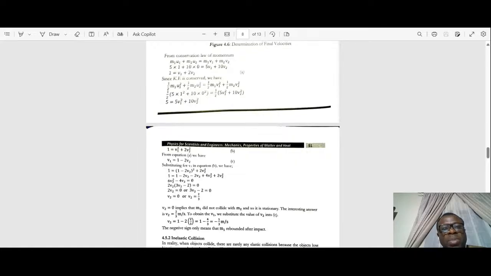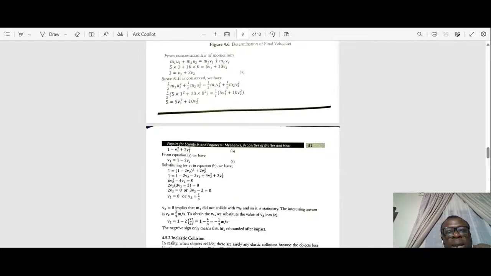So if you divide both sides of the equation by 5, that equation will be reduced to 5 divided by 5 is 1, equal to 5v1 square divided by 5 will give us v1 square plus 10v2 square divided by 5 will give us 2v2 square. And that is what gave us equation B.